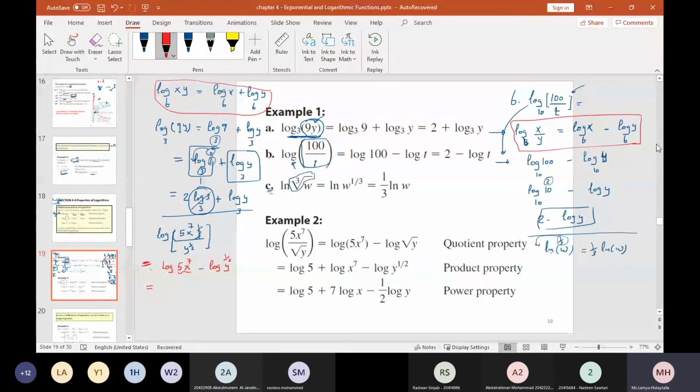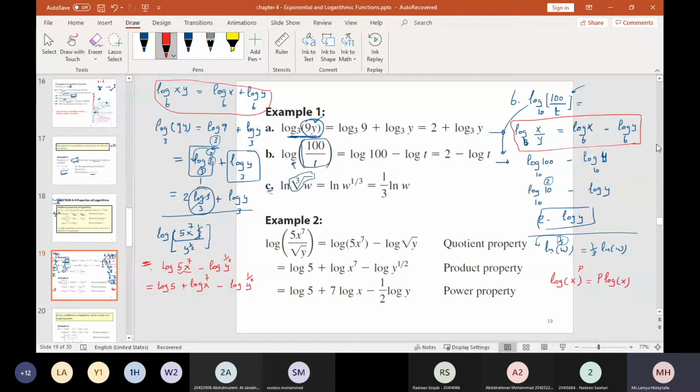So this one is equal to log 5 plus log x to the power 7, then minus log y to the power half. Now using the rule for the exponent, I didn't write it here: log of x to any power, let's call it p, is equal to p log x.